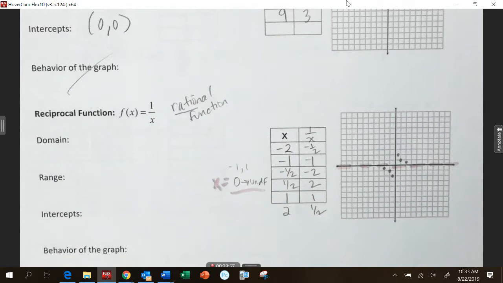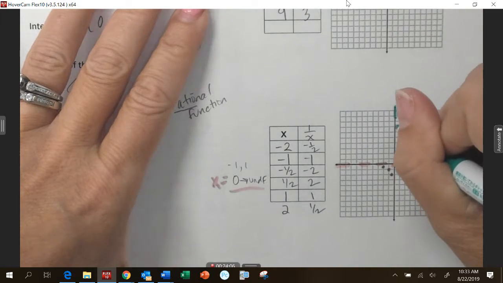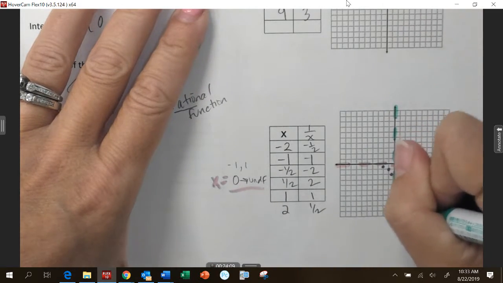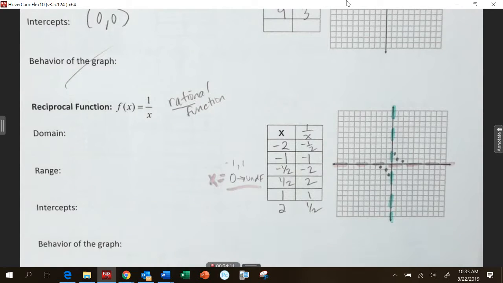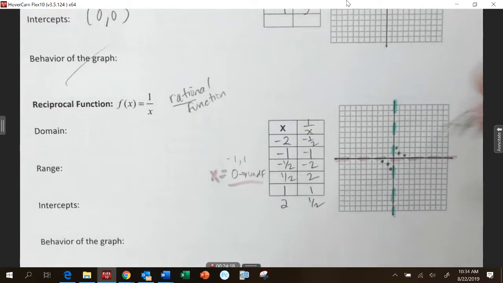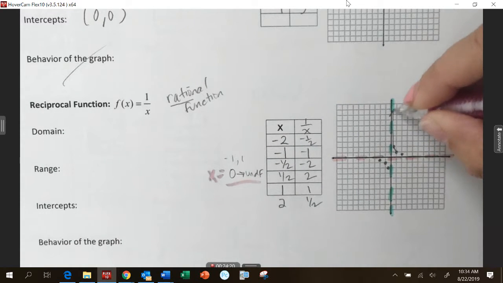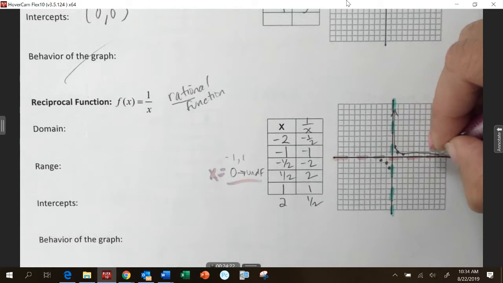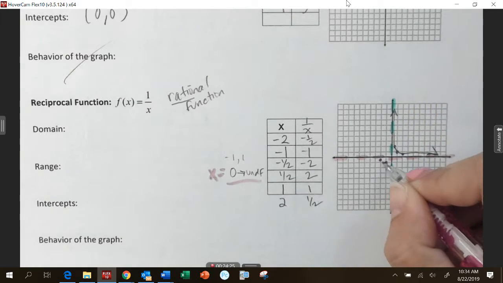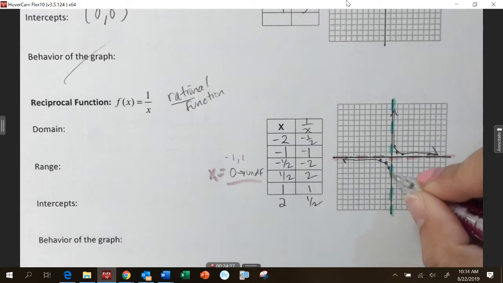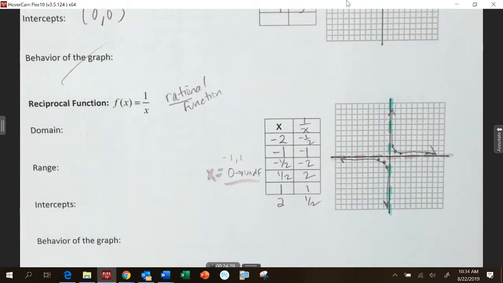And then also there is absolutely no way of plugging in an x and getting out a 0 for y. There's no way that 0 can be in the output. And because of that, we have an asymptote at y equals 0, at x equals 0 and at y equals 0. Both of them have an asymptote. And then this graph gets closer and closer and closer to the asymptotes. Has 2 little branches.